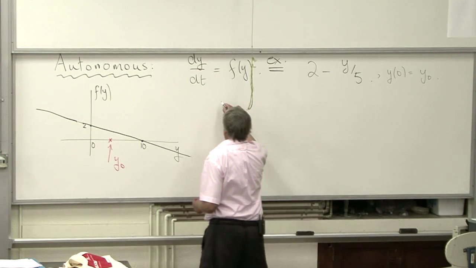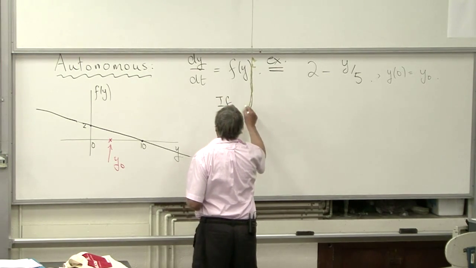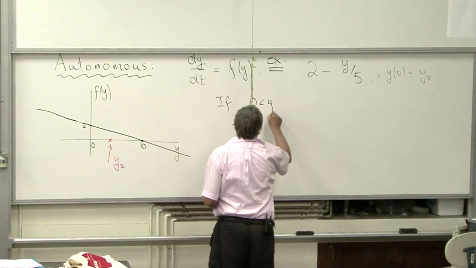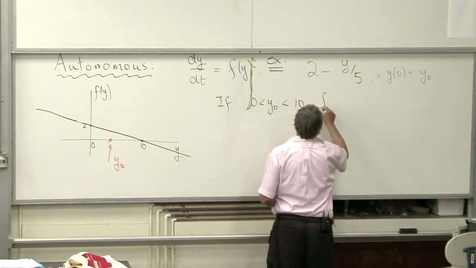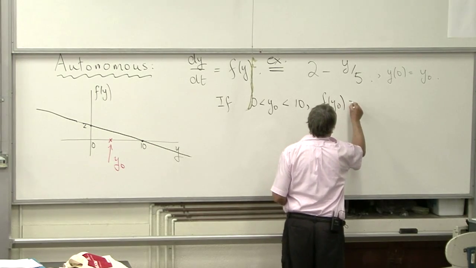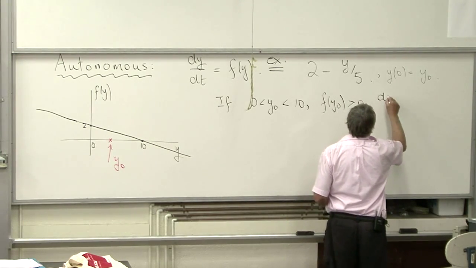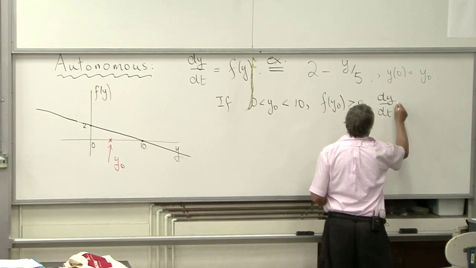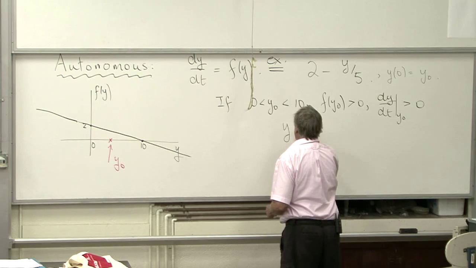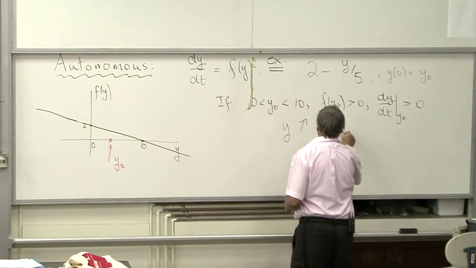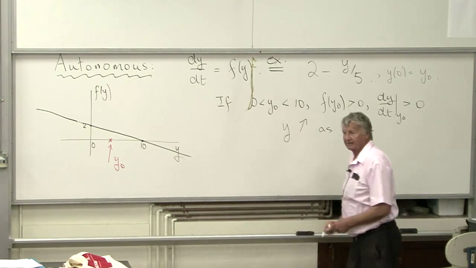So, if we have y0 between 0 and 10, we know f of y0 is positive. dy by dt at y0 is positive. And this tells me that y will increase as t increases, right?